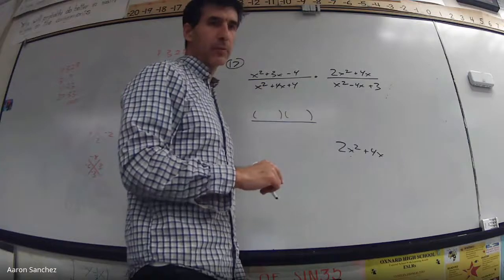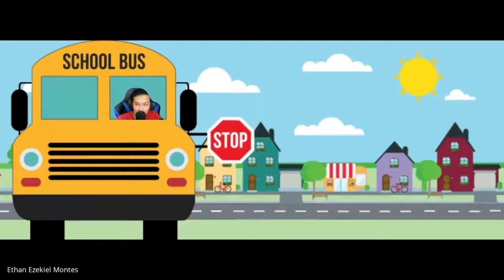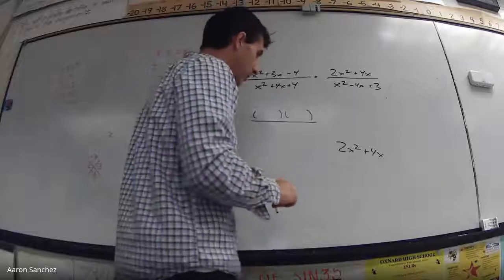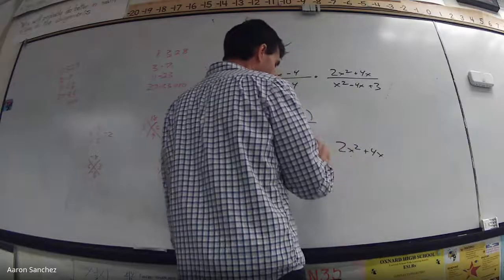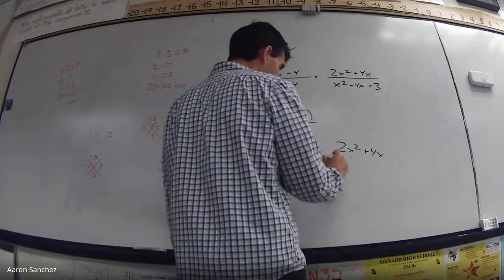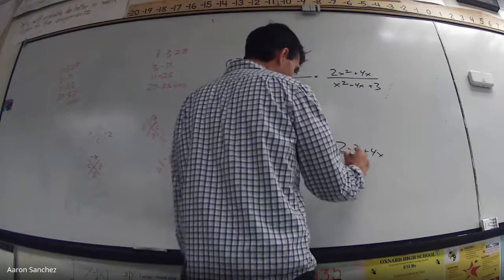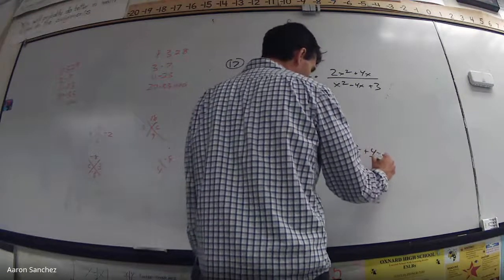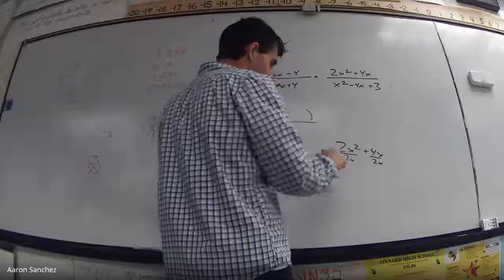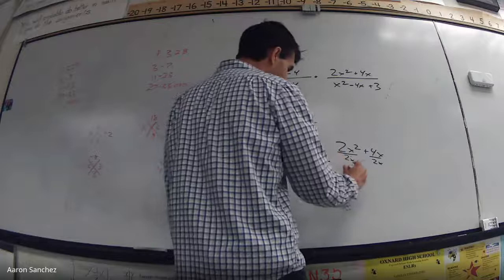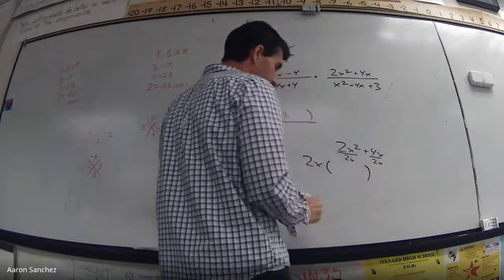What are they both divisible by? 2. Okay, what else? And they have at least one x I can take out. I can divide this by 2x. I can divide this by 2x, right? Yes. So whatever my answer is, I put inside the parentheses.